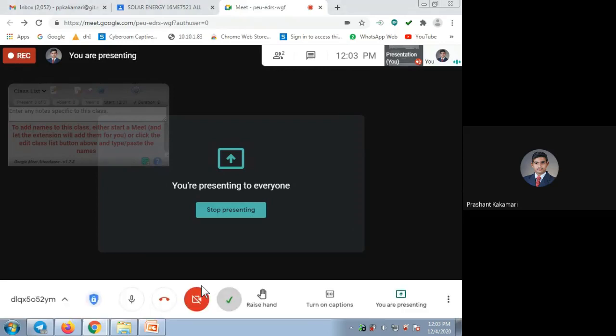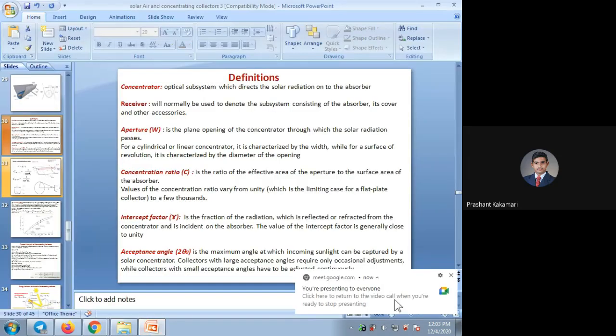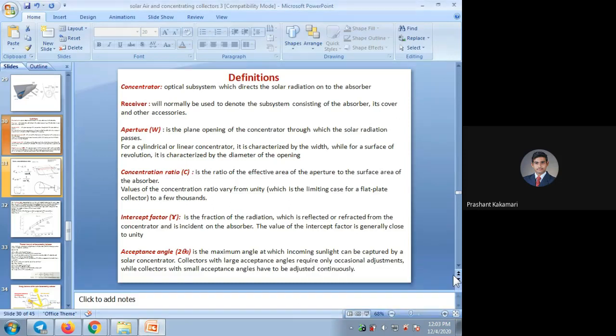Today we'll discuss the next part of the fifth module, that is on concentrating collectors.